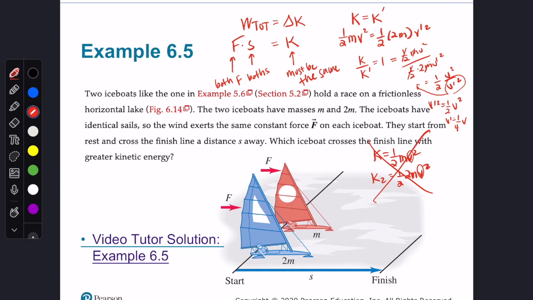So think about this example. This is a conceptual example, okay? A very good exam problem can be drawn from this example. So understand conceptually what is going on with this example. Very important. And that'll end this video lecture for the beginning part of Chapter 6, Introduction to Work and Kinetic Energy.